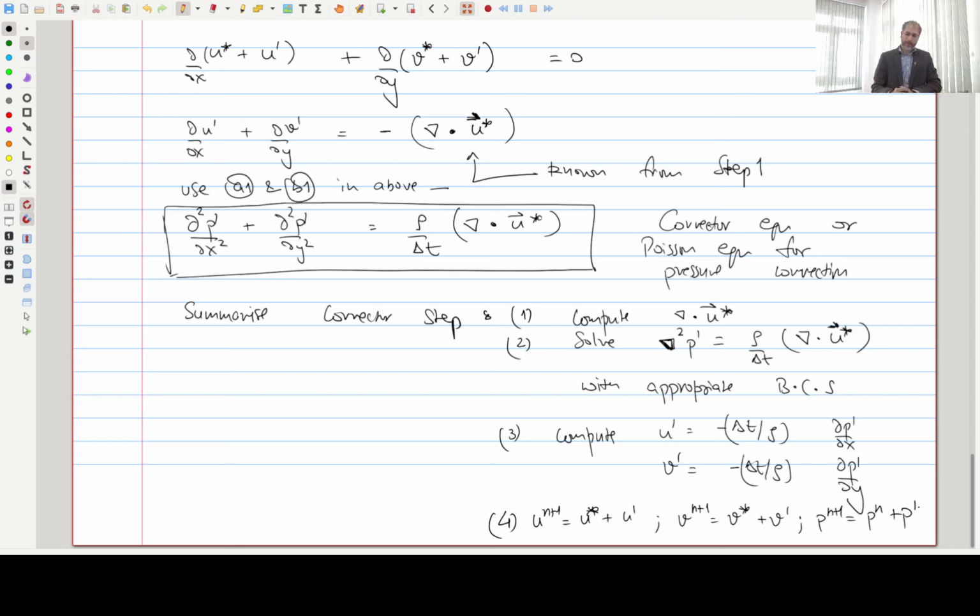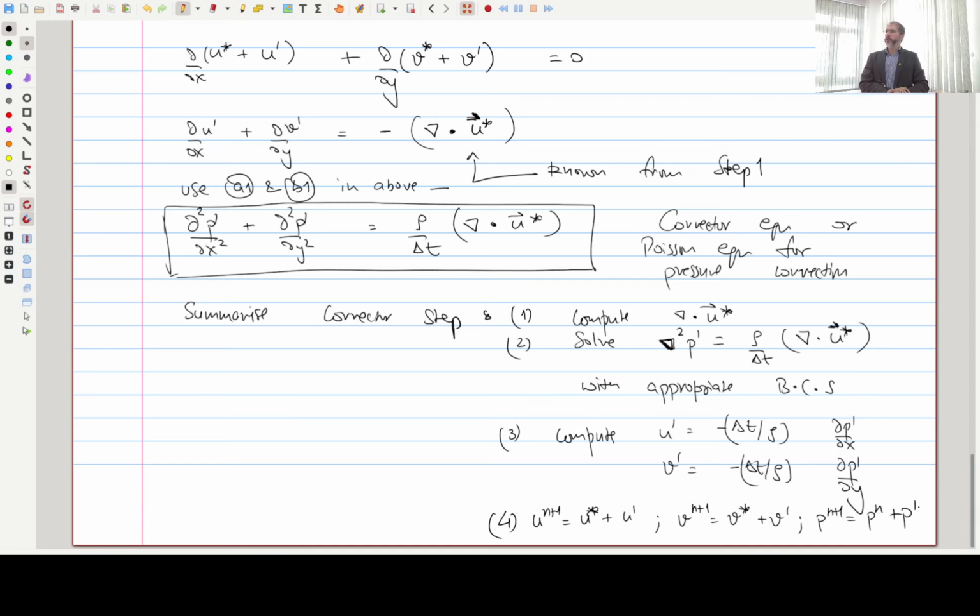Alright, so it was a pretty intense lecture with two major ideas. The first one being the pressure has to be found out somehow, and if you can find the right pressure, then you find the un plus 1 and vn plus 1, which are satisfying continuity equation.